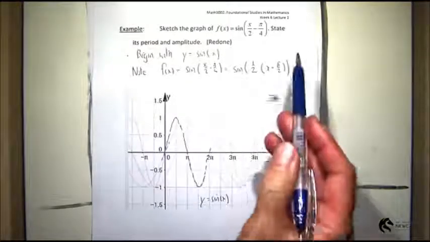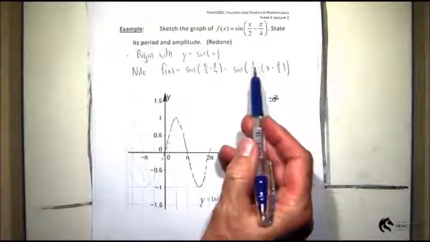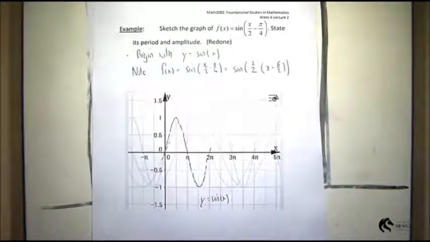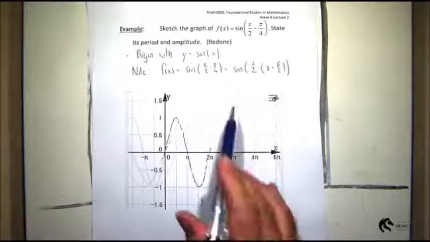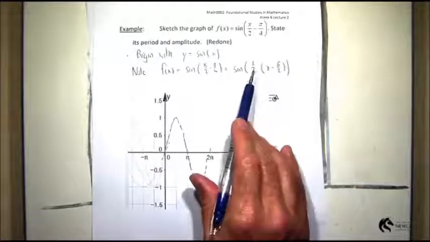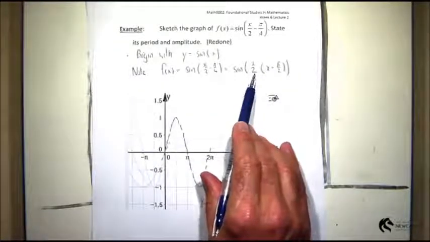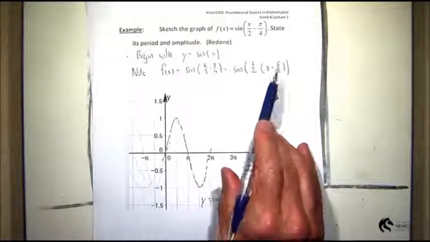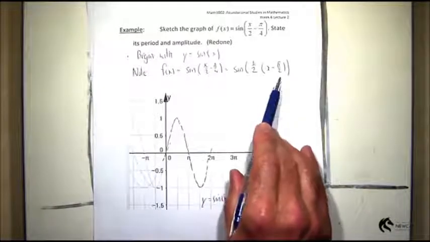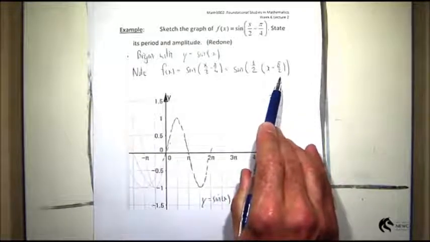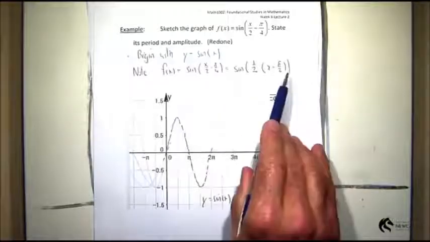So that becomes a half x minus pi on 4 if I multiply the half in. And then, according to the notes, you can recognise straight away that the amplitude is going to be 1, the period is going to be 2 pi on n, and the thing will be shifted to the right by pi on 2 units. So the actual number of units you shift to the right is sitting in your formula. And so long as you remember what each of those things do, you can read it straight off from that.